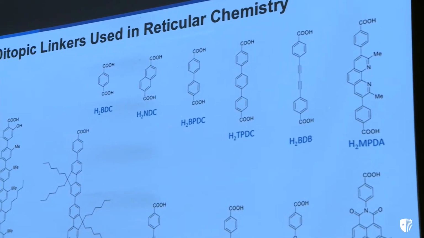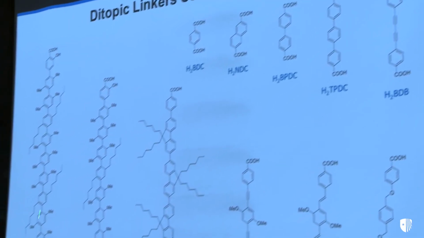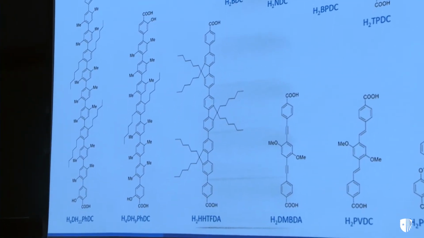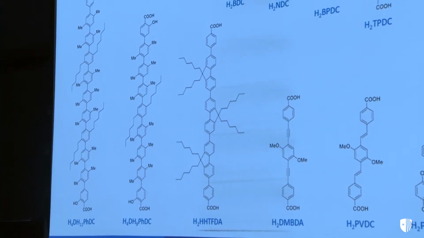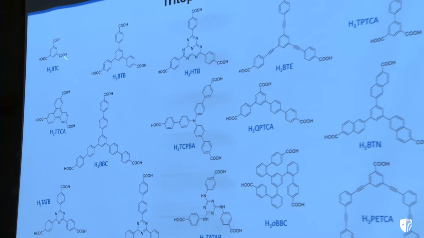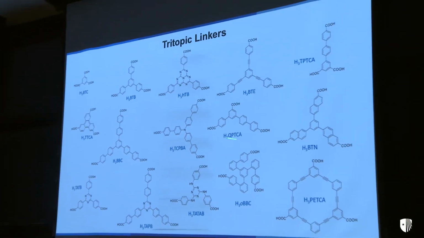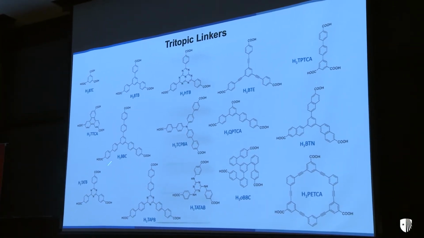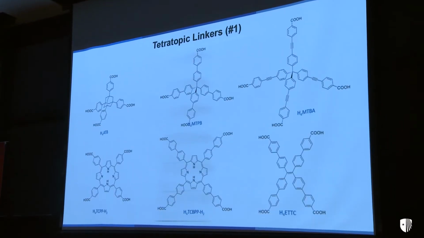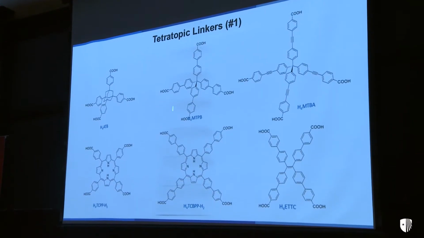And you can see even things that you would think cannot be linked into an extended structure. This is 11 phenylene units. You can make MOFs out of that. These are ditopic linkers. Even tritopic linkers, simple ones, more complicated ones, as you can see here, even linkers that are porous in themselves. Tetratopic ones that link along 4.